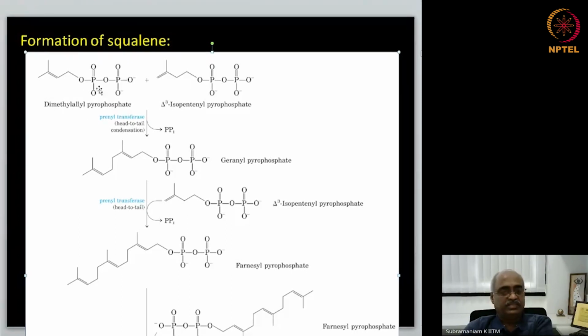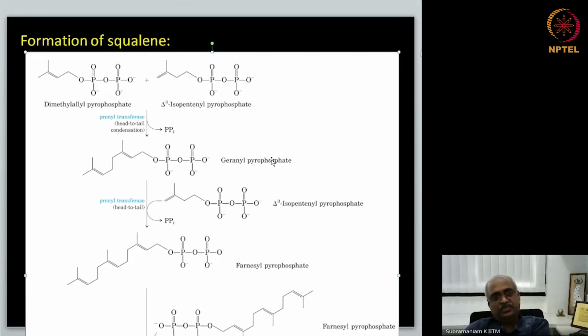We just saw isopentenyl pyrophosphate formation that can isomerize into DMAPP. The phosphorylated end of this chain is called the head, and the other end is the tail. So here you have a head to tail condensation of these two molecules, forming geranyl pyrophosphate.